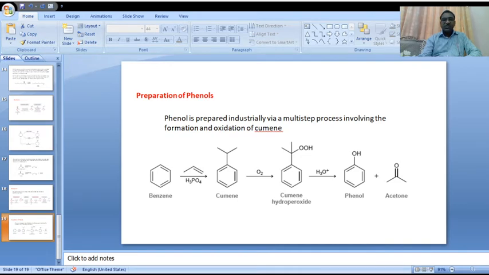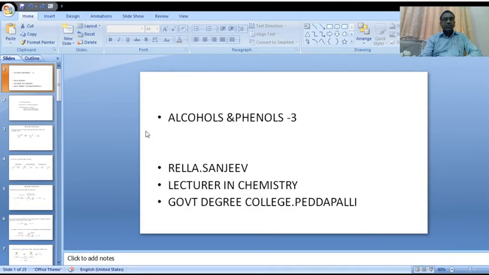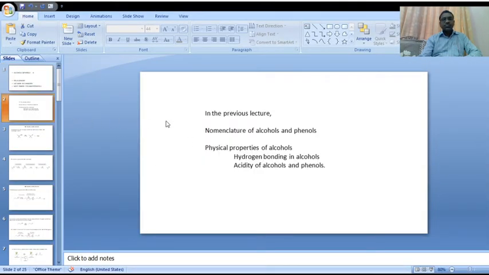Chemical properties of alcohols. In the previous lecture, nomenclature of alcohols and phenols, physical properties of alcohols, hydrogen bonding in alcohols, and acidity of alcohols and phenols were covered.